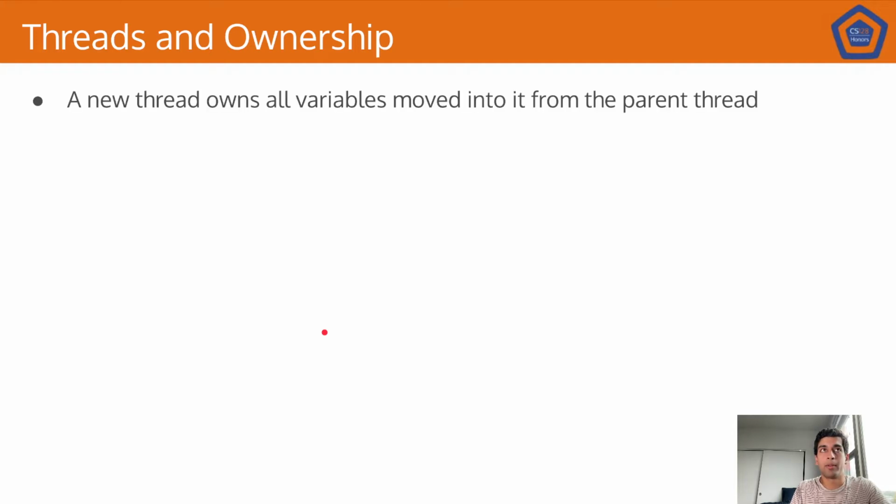Now let's talk about threads and ownership and why we want to have these separate pieces of data when we're creating our threads. So a thread owns all of the variables that are moved into it from the parent thread. And we said this because we have the move keyword, and we sort of move ownership of values that cannot be copied and copy values that can be copied, so primitive types.